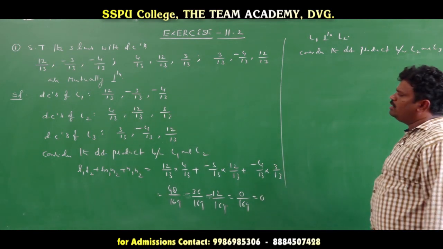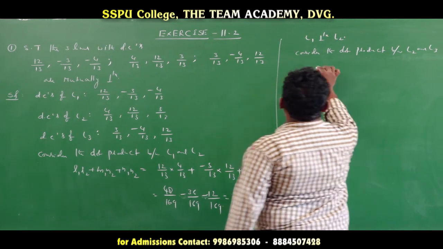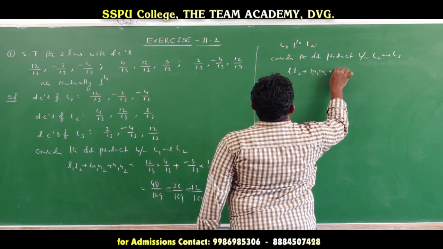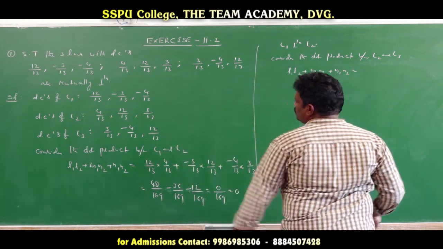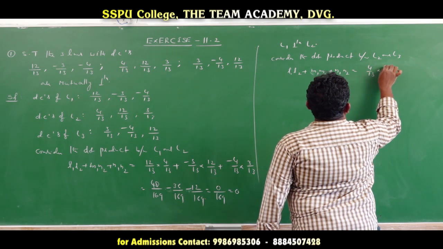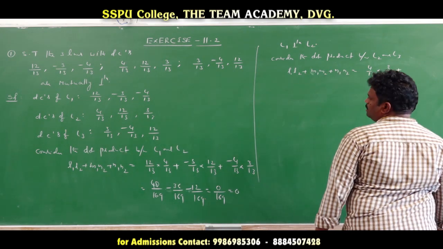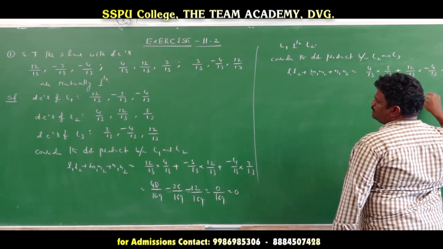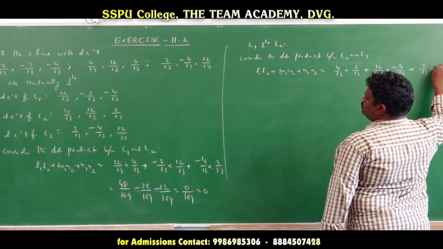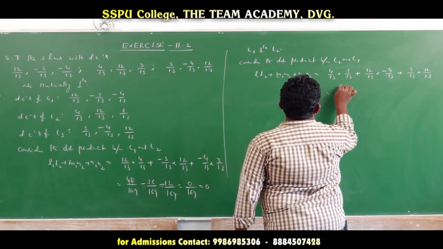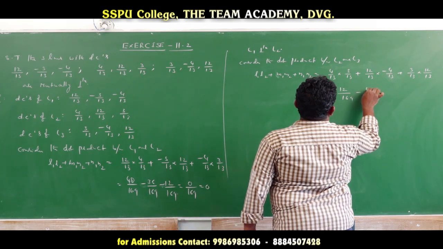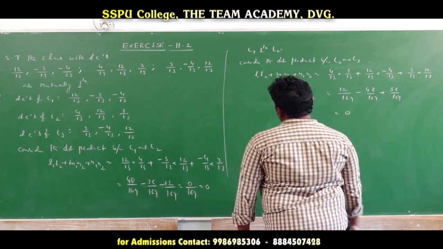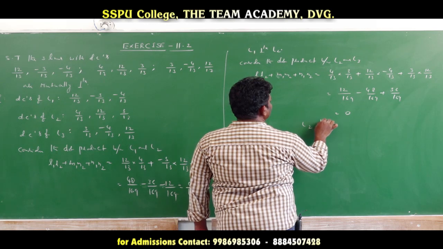Again l1 l2 plus m1 m2 plus n1 n2: 4 by 13 into 3 by 13 plus 12 by 13 into minus 4 by 13 plus 3 by 13 into 12 by 13. That is 12 by 169 minus 48 by 169 plus 36 by 169. So this is also 0. Then L2 is perpendicular to L3.